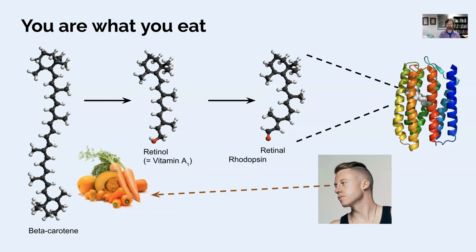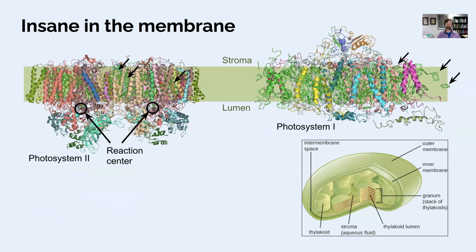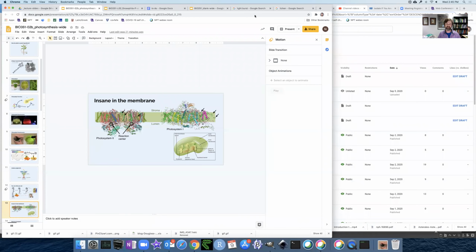Another way to think about this is you are what you eat, right? You eat something that is orange or colorful, and through the processing of that colorful thing, the color molecules end up in your eye and let you see colors. Pretty bonkers, I think.